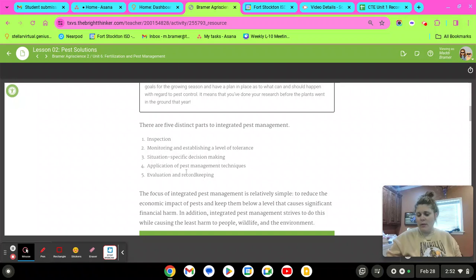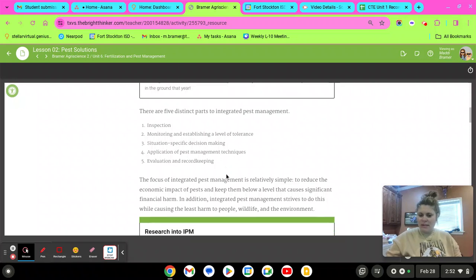We may remove the bugs by hand. So that's going to depend on the situation. If that plant seems too far gone, we may let them have one squash plant so that it doesn't affect the other ones, or the other ones can grow for a little bit. And then we're going to record and evaluate, and that way we can make changes next year.